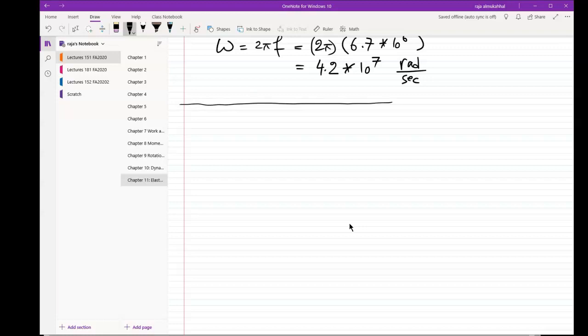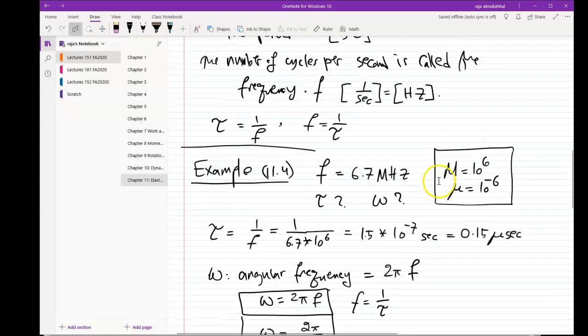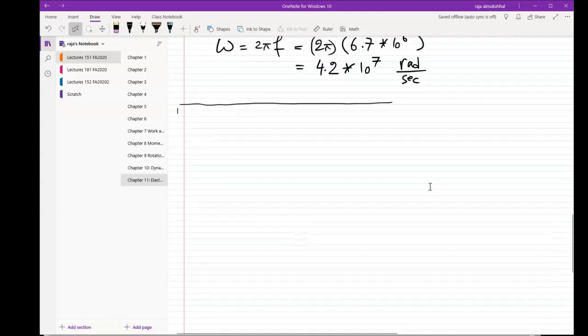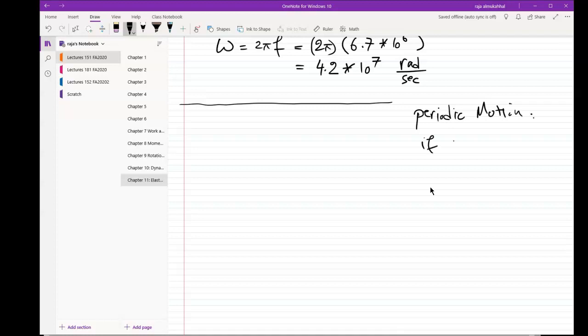I forgot to mention, there is another term that we use for periodic motion, and that is SHM, simple harmonic motion. So if the force is equal to minus kx, okay, then the motion is, again, we said oscillatory motion, periodic motion, cyclical motion, or simple harmonic motion.